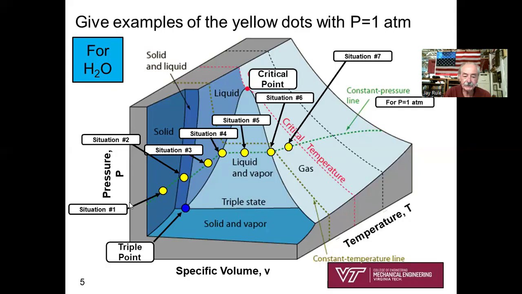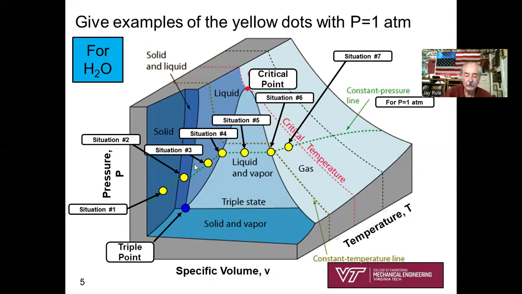So you have to imagine in your head taking a horizontal slice, a plane, through P equals 1 atmosphere, 14.7 psi, 101 kPa. So imagine slicing through this three-dimensional plot, and we're going to talk about 7 yellow dots that lay on that constant pressure line. Hope that's what we're going to look at.